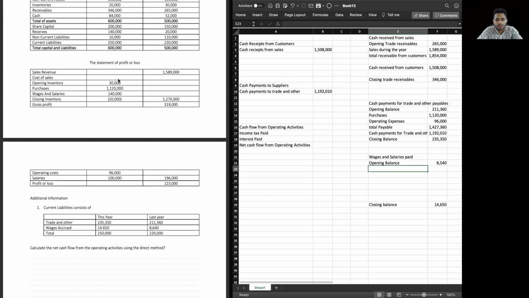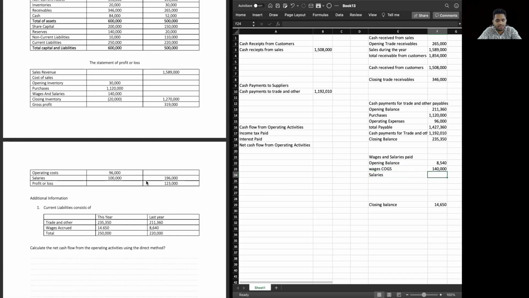Now you have your wages coming from your cost of sales, which is 140,000. So wages from cost of goods sold is 140,000. And then you have your salaries of 100,000.